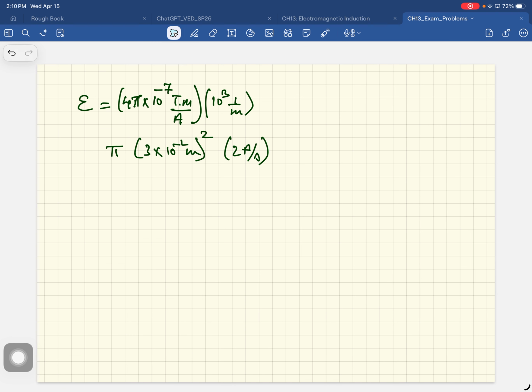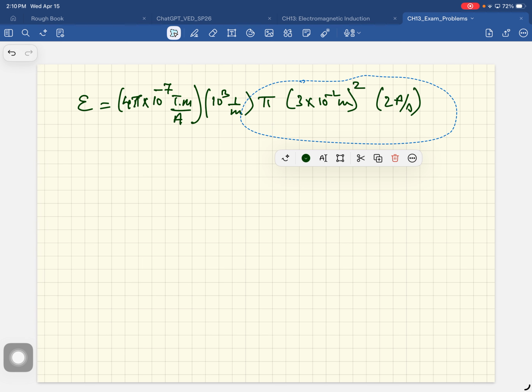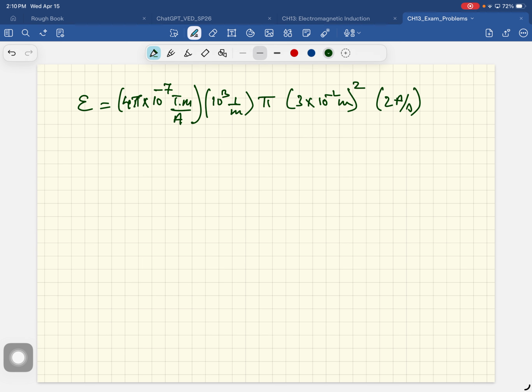The area: it's a square coil and the length is 15 centimeters, so 15 squared into 10 to the minus 4 meters squared.